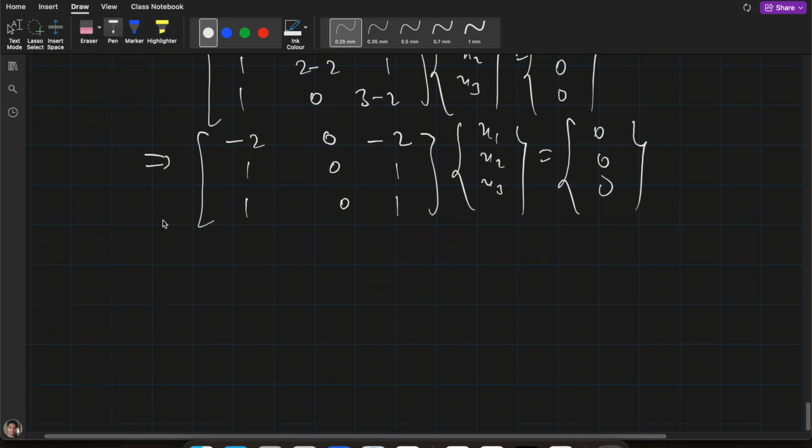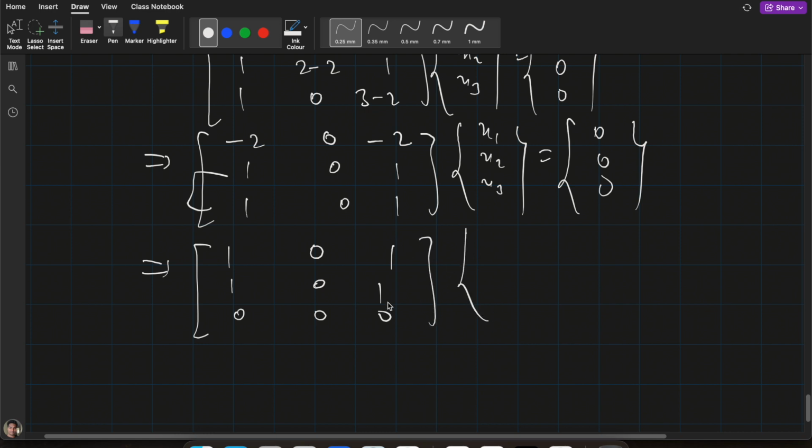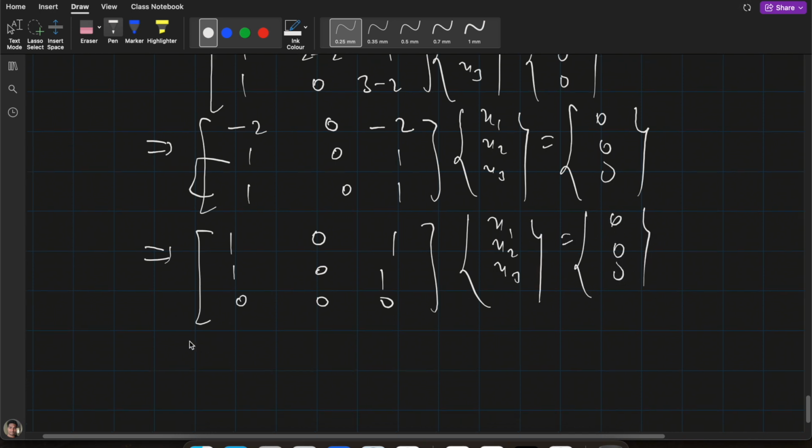Okay. Now use the elementary row operations. You can see that these two rows we can eliminate. After dividing the first row by -2, you will get 1, 0, 1. And after subtracting these two rows, you will get 1, 0, 1, 0, 0, 0. Here in this step, what did I do?